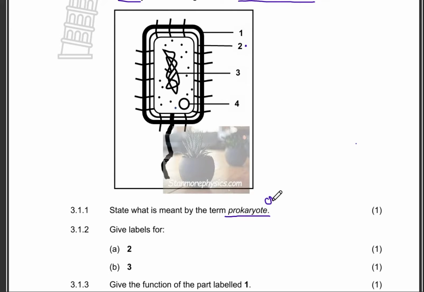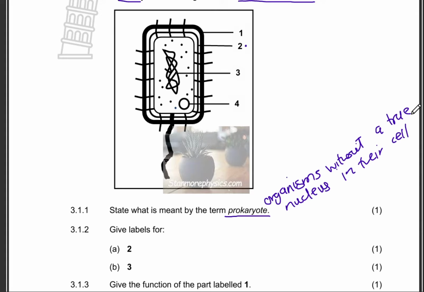So prokaryote organisms without a true nucleus in their cell or cells. Okay, cell or cells. Obviously, it will be one cell for a bacteria.